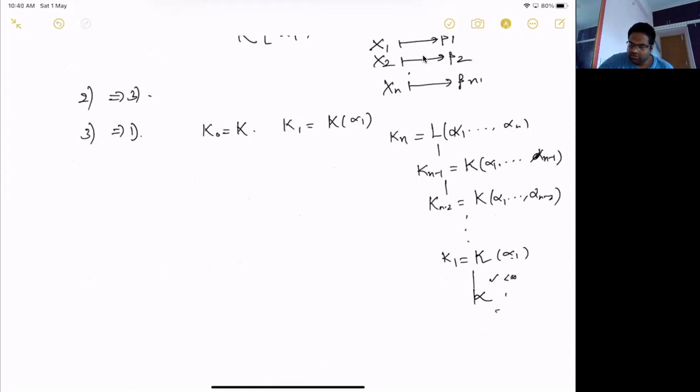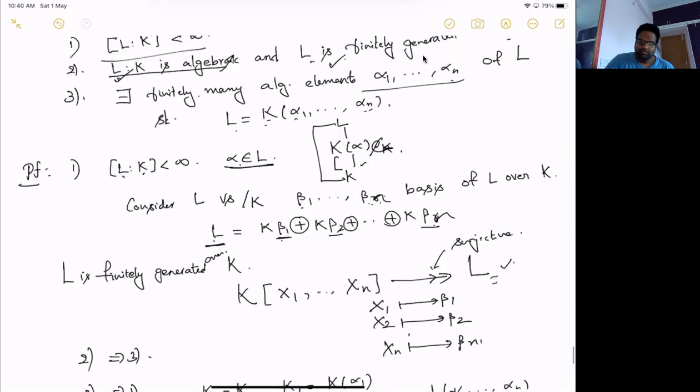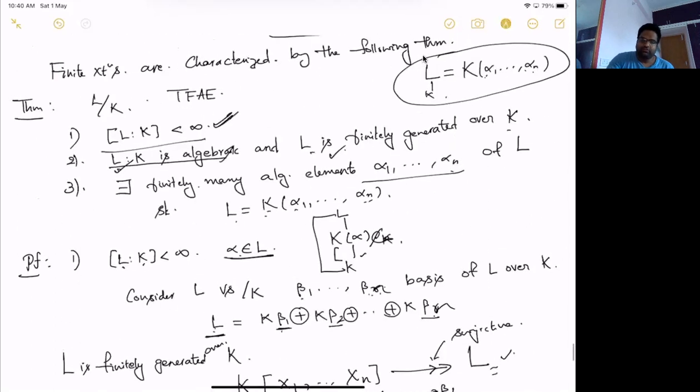And now we have K2, which is equal to K1(alpha 2), which is K(alpha 1, alpha 2). So alpha 2 is already algebraic over K, in particular it is algebraic over K1, and therefore this degree is also finite. So by induction, you can see all these degrees are finite, and therefore by the tower law, this is also finite, which is precisely what we need to show.